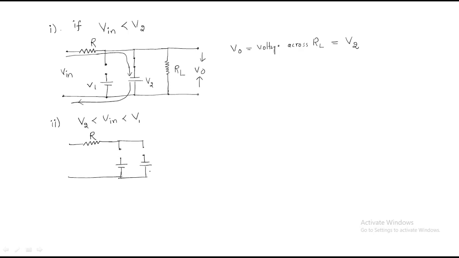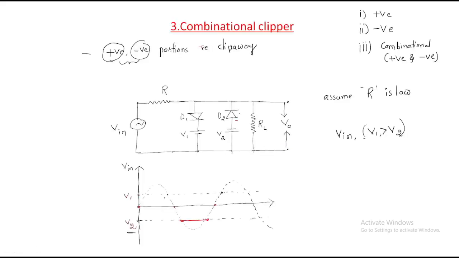It has the load resistance, and this is V0. Therefore, the total input voltage will be available at the load. Then in that case, the output voltage is nothing but the input voltage simply.